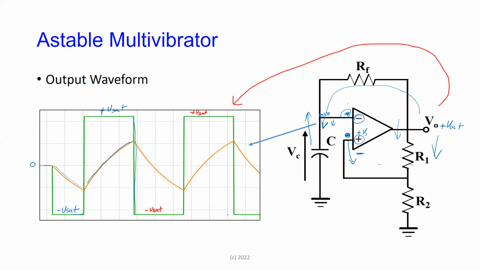Once you're at minus VSAT, the capacitor will discharge again and then start to charge negatively until the voltage reaches, when this is negative, minus V1, and then it toggles again, and so it will keep going on. So you're getting this square wave behavior, the capacitor charging, discharging, charging, discharging. Everybody following that? Make some sense?